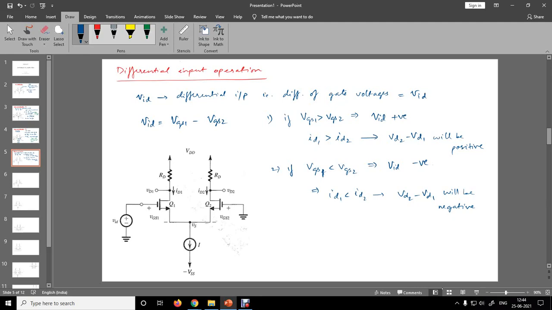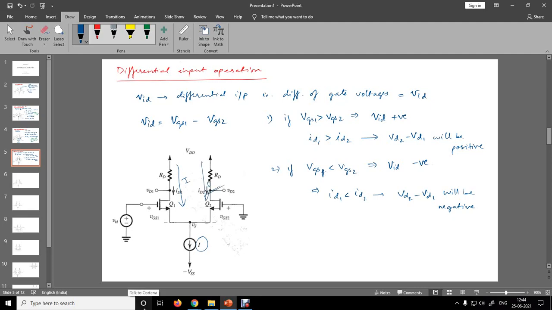Okay, so what VID does is it will actually cause the current to flow among the transistors. If VID is more positive, then it means that VGS1 is more than VGS2. It means that the entire current I will flow through this wing, and the current which flows here is 0.